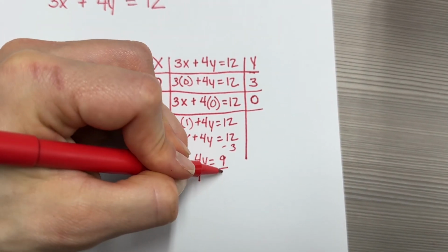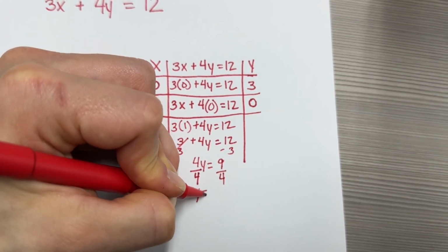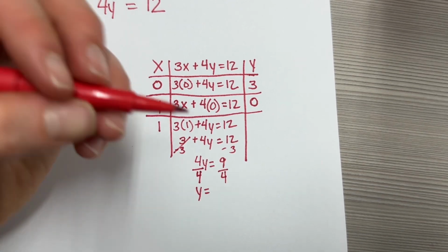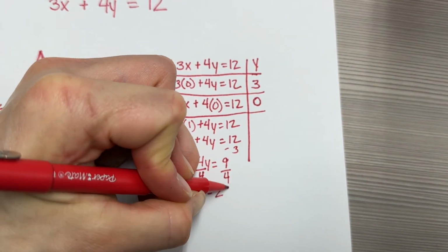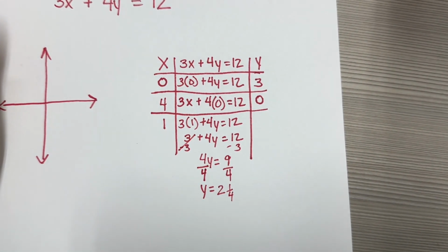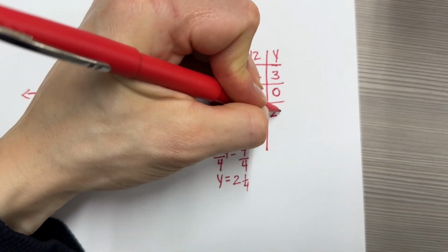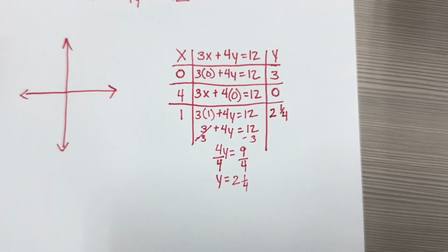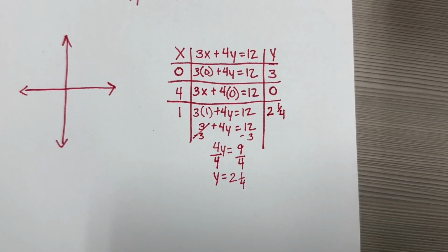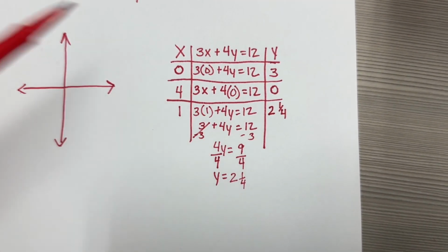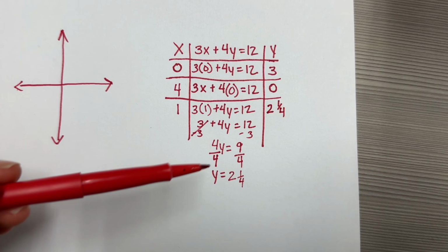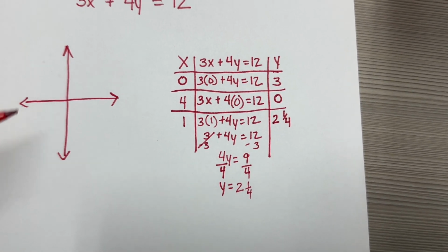We divide, and now I have y is equal to 9/4, or 2 1/4. Ew, that's kind of funky. We can use it still, but definitely not the prettiest. It's always best if you can choose a number that's going to come out nice and even, but in this case it didn't, and that's okay. We'll still use it.